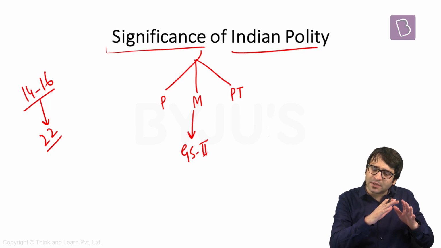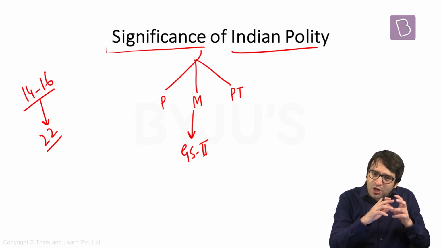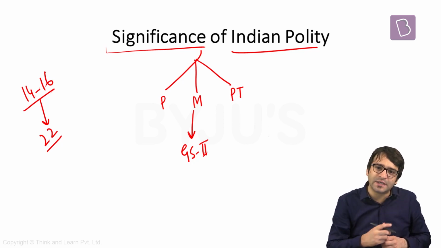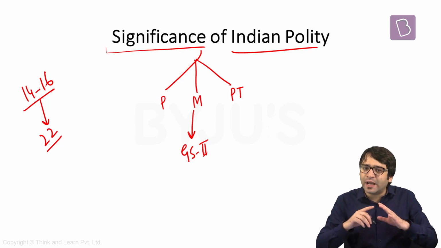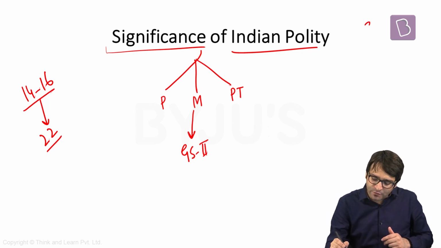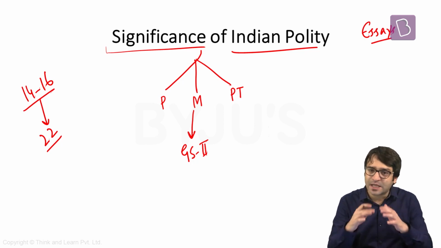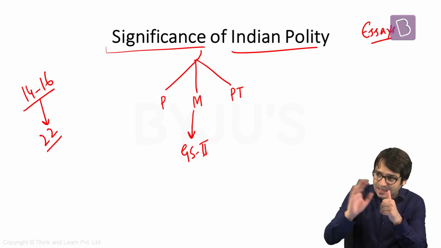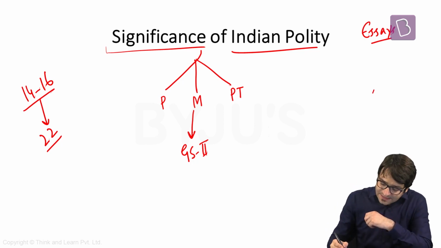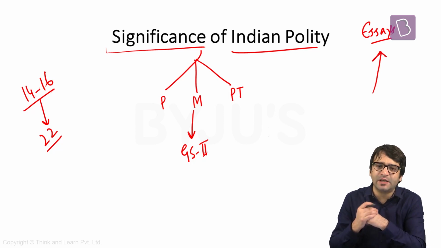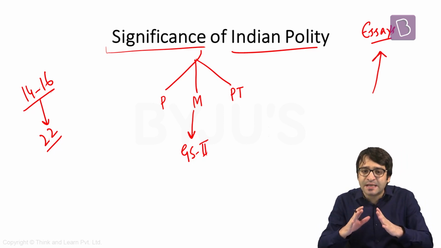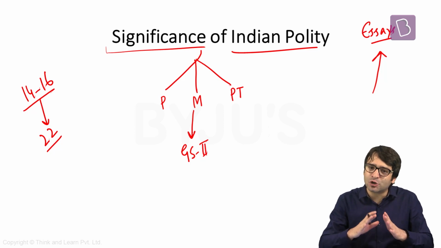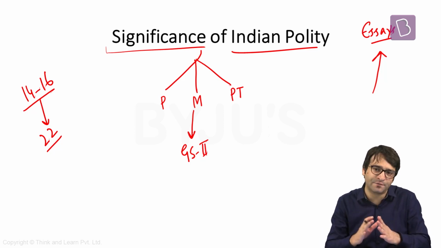But the knowledge that you acquire by following Indian polity is going to help you immensely when you write essays. 250 marks are allocated to essay. While writing these essays in your mains examination, your understanding about Indian polity is surely going to be of a lot of help for you.